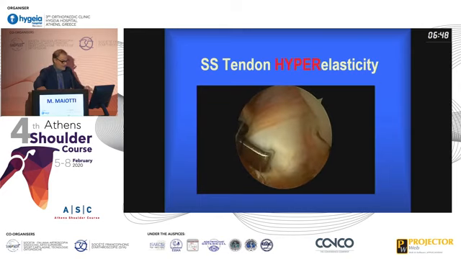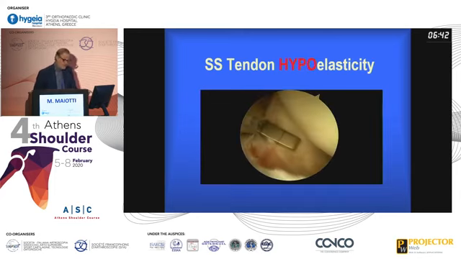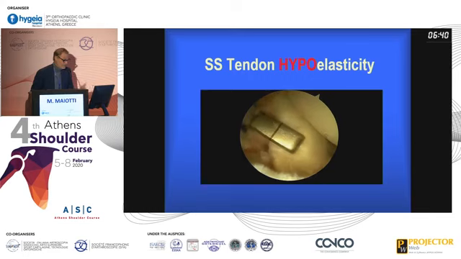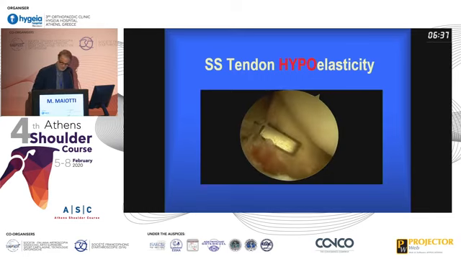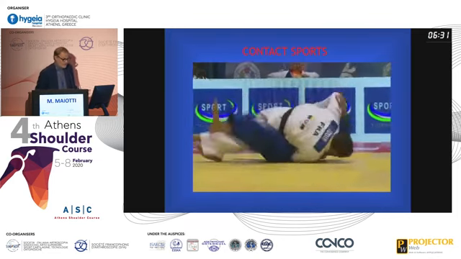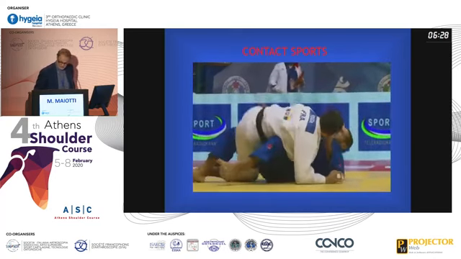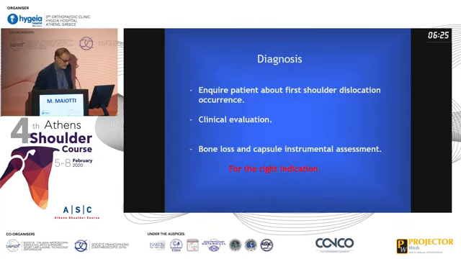We see that here there is an elongation and hyperelasticity of the tendon, and here you don't have it. So there are different types of subscapularis behavior. And then the other time when the Bankart can fail is when you do a contact sport, high risk of failure with the Bankart repair alone.